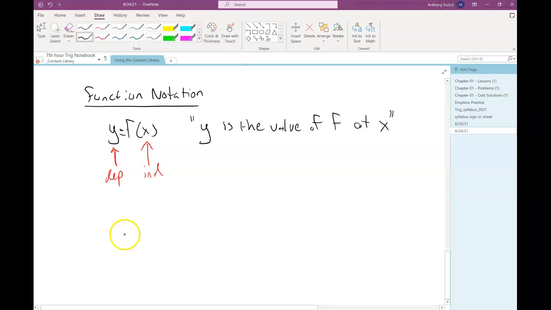The other thing it can do is if I have a specific function, I can talk about, okay, what is the value of the function when I plug in, say, 2? But instead of having to use a sentence like that, I can just write it like this, right? F of 2 is the value of the function when we input 2 for x.